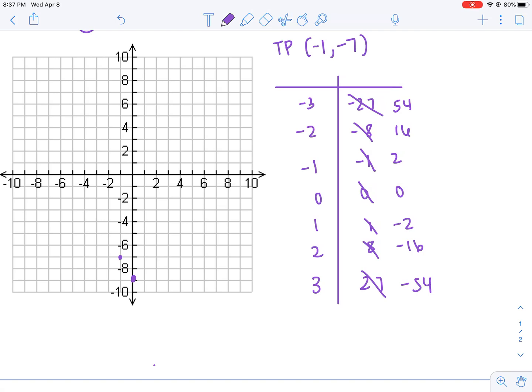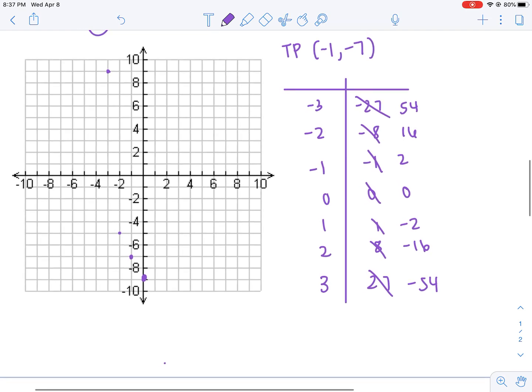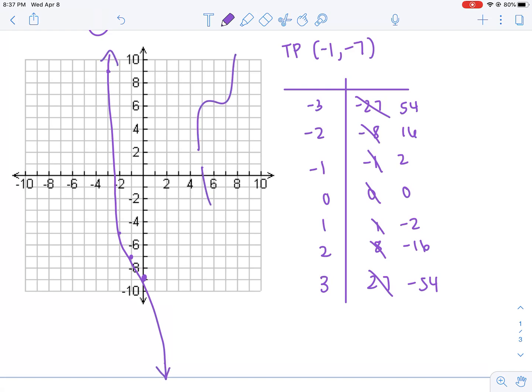So then I'm going to go left 1 up 2, and then left 2 up 16, which is going to be on there. So it makes this shape. Remember, it doesn't go that way. The negative makes it go that way.